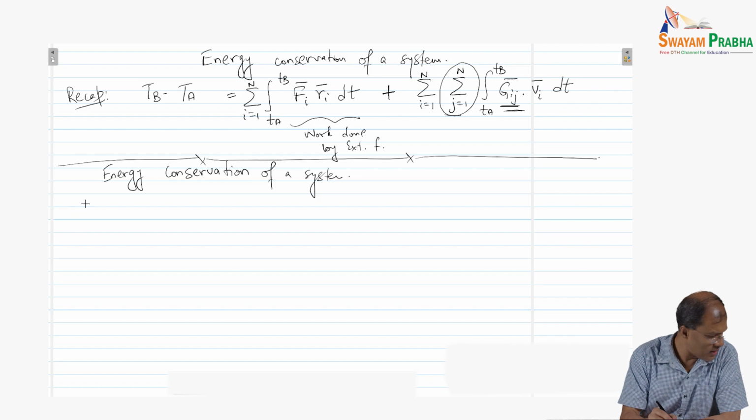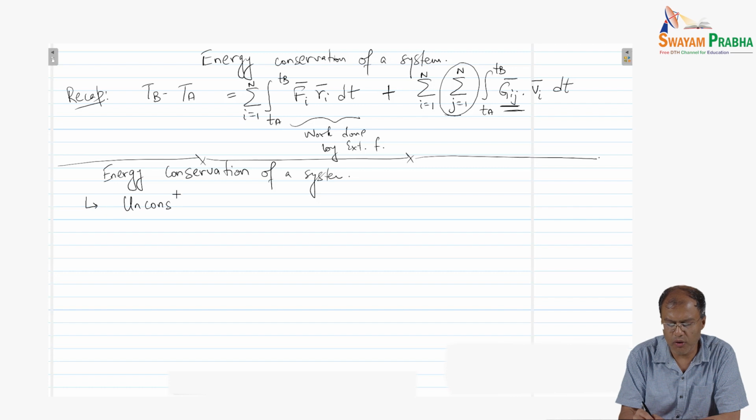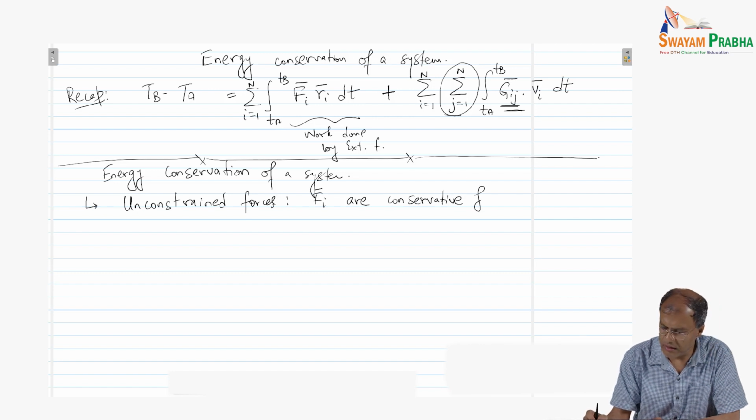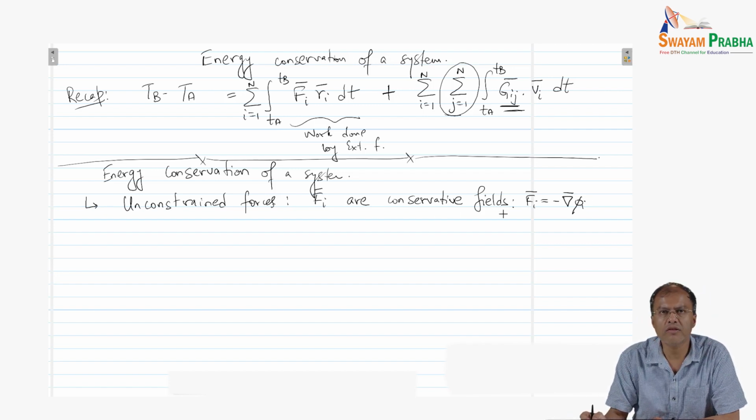So what I'm saying is, suppose the unconstrained forces, I'm talking about the external forces, the Fi's, are conservative fields, and we have Fi = -grad phi i, right? So then we have this setup right now.